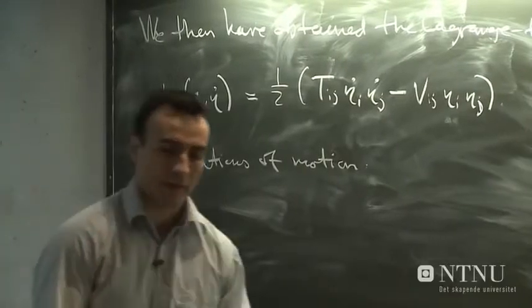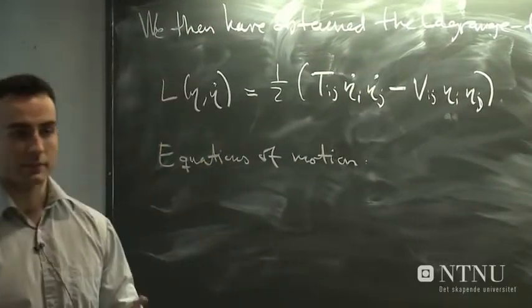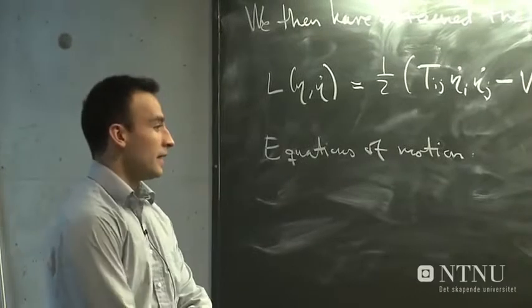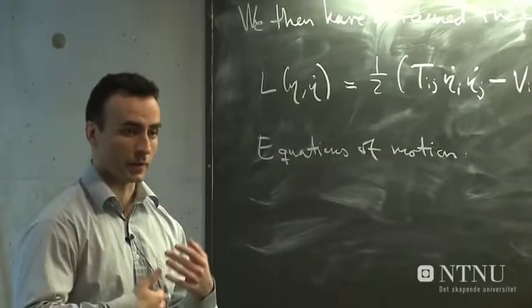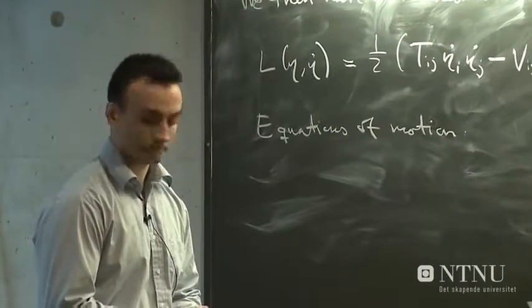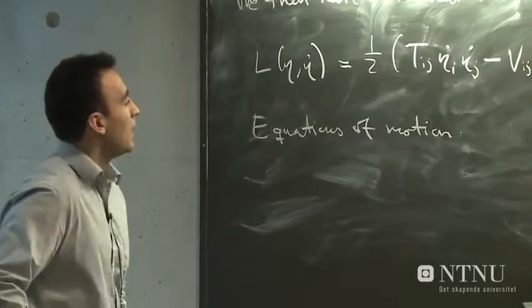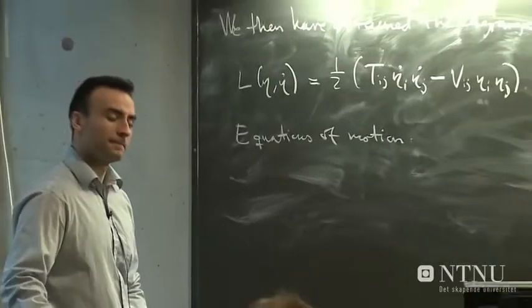Well, from this we can write down the equations of motion, but again, before doing so, we should always consider symmetries and corresponding conservation laws. So what do you think?